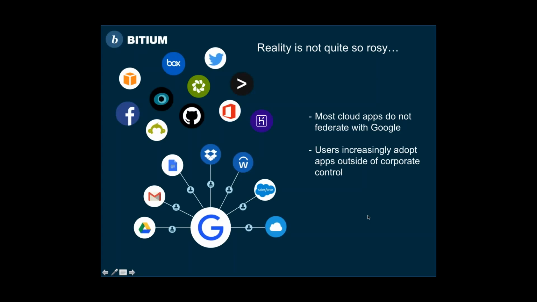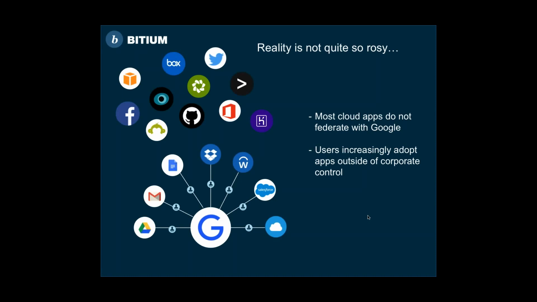So as Greg alluded to earlier, there's this beautiful picture of Google managing access to Drive and Gmail and Docs and other applications that can be integrated with it. But the reality is there's a lot of applications out there that don't federate properly with Google for multiple reasons.